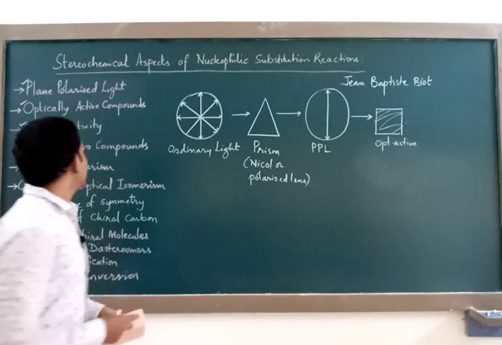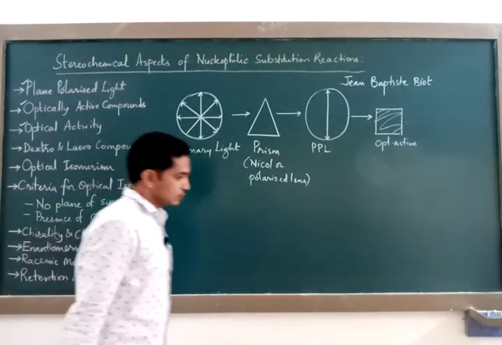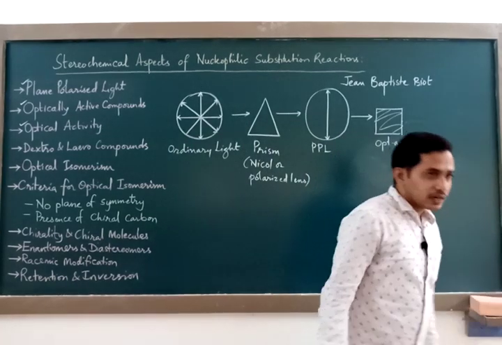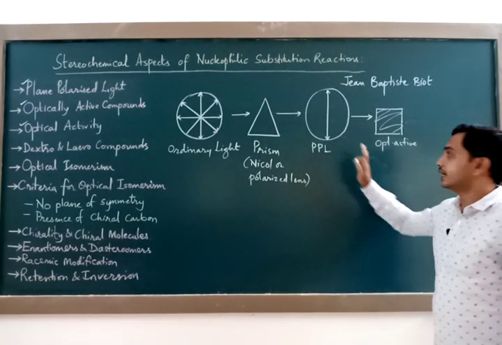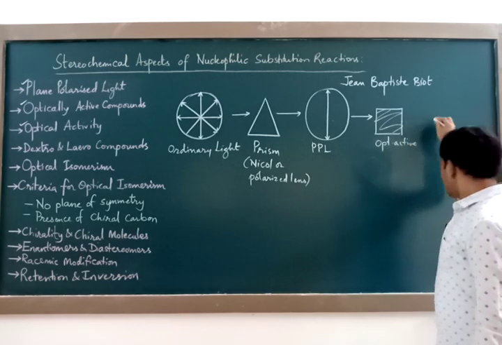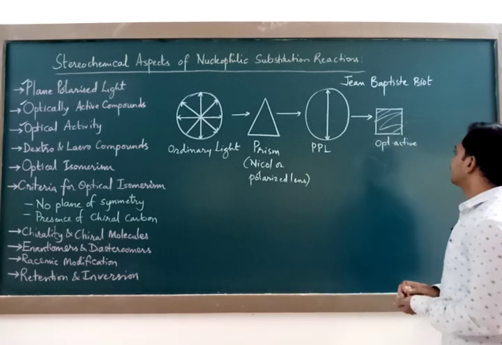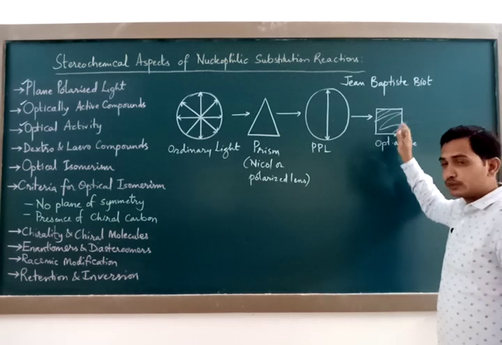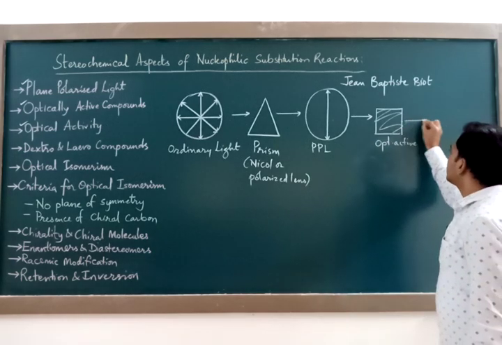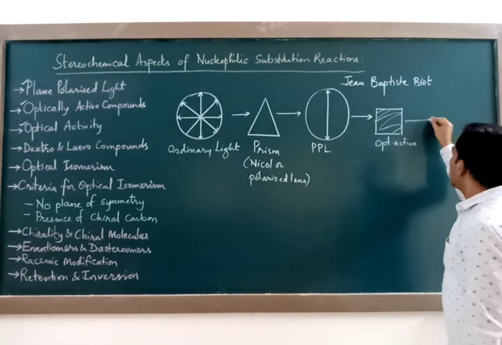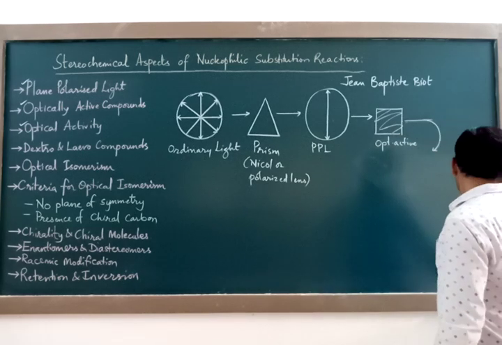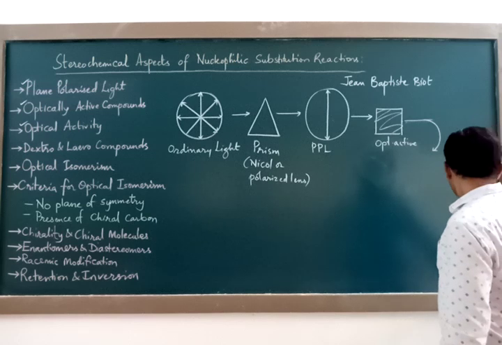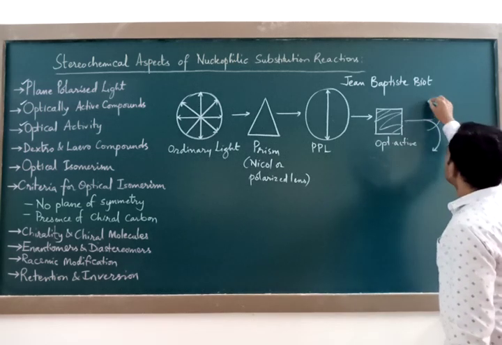Now the next part is dextro and levo compounds. Now we know that our organic compound is optically active. How did we test this? By passing plane polarized light. Now the plane polarized light which comes out through this compound can move in two directions. Either it can travel in this direction, or else it can travel in the opposite direction also.